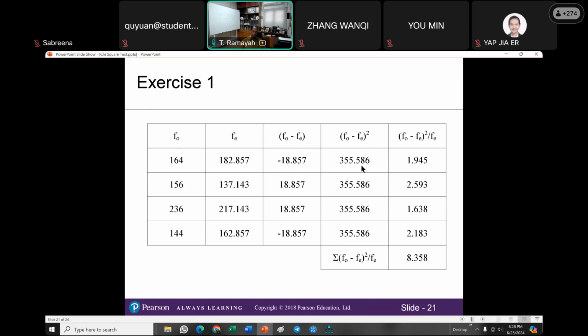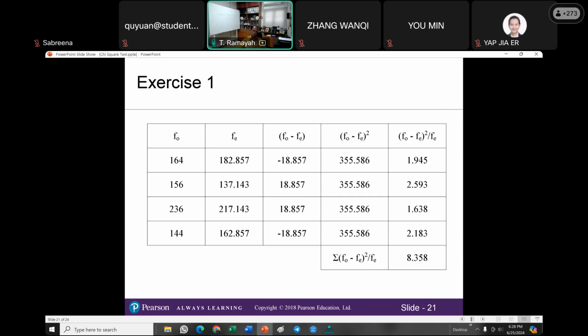This column divided by FE, you will get this. And likewise for each of the four rows. Now, when we total up, we will get the chi-square, the summation of this formula, chi-square equals 8.358.